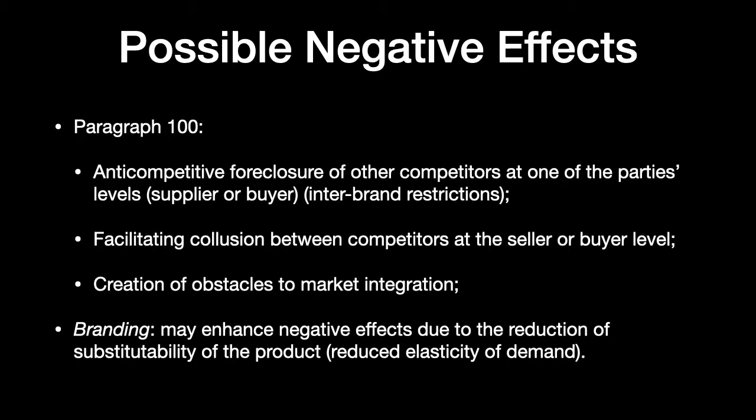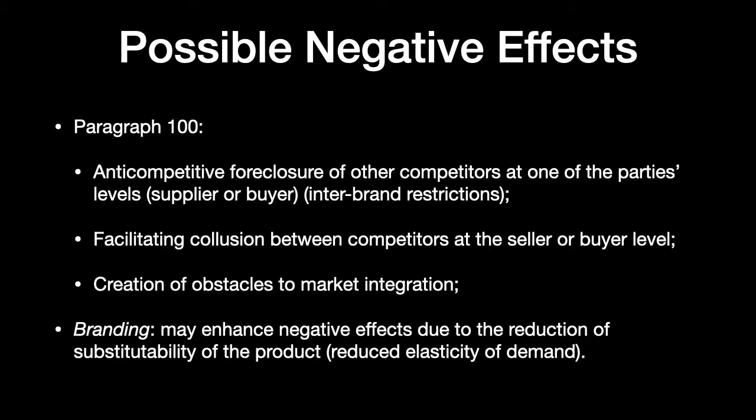Now, the Commission states a number of possible negative effects, and these amount to the overall theories of harm connected with vertical restraints. The first has to do with anti-competitive foreclosure of other competitors at one of the parties' levels of the chain of supply.